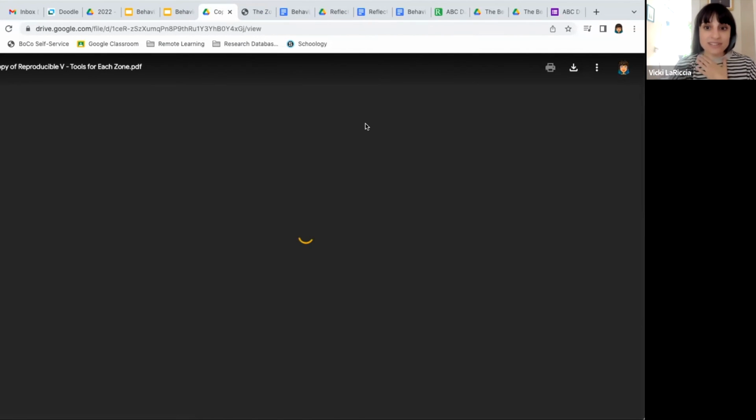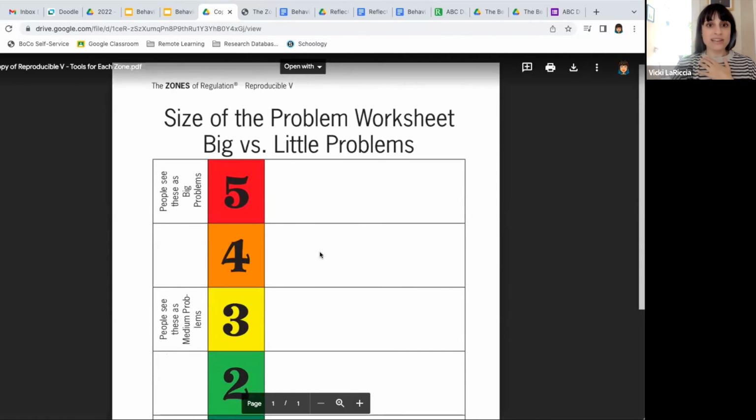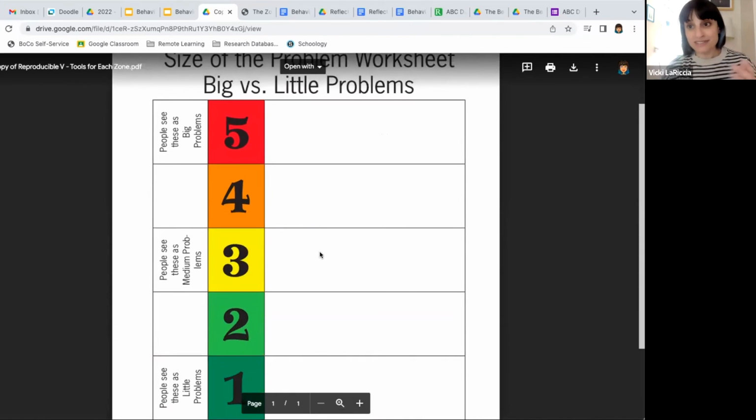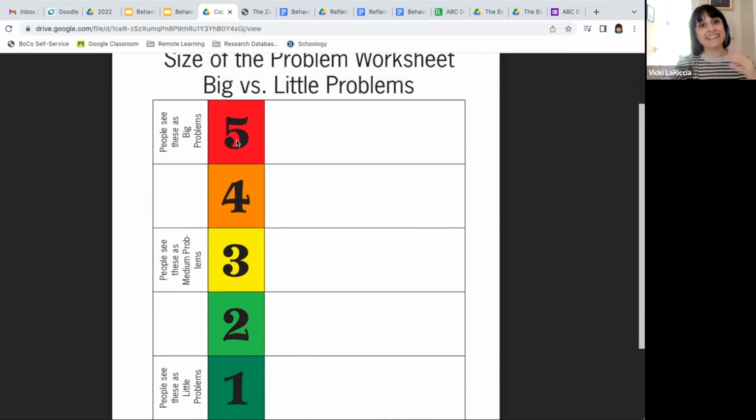Oh, great. Someone on the chat knows about zones. So many of these students who struggle with emotional regulation will react almost as though it's a 5 or a 4. And we'd say the 5 is the biggest problem ever. It's like the apocalypse. There's only 3 people left on Earth, or a huge natural disaster has come through your town and your home was destroyed.